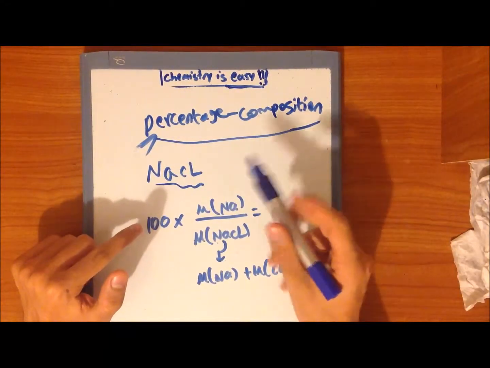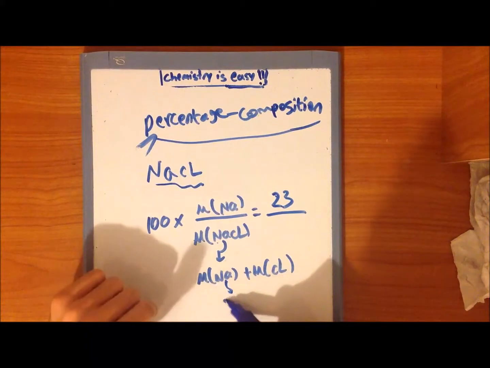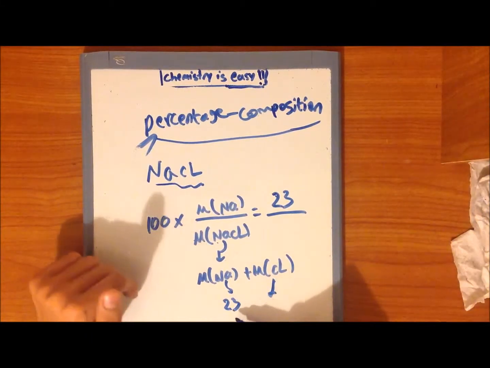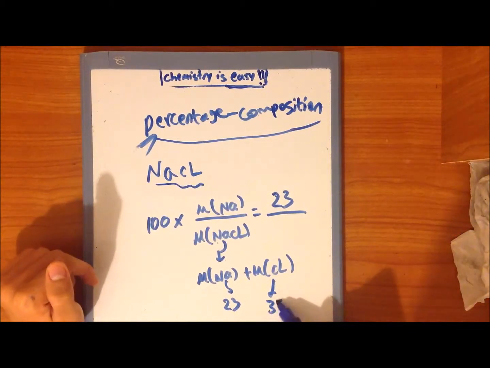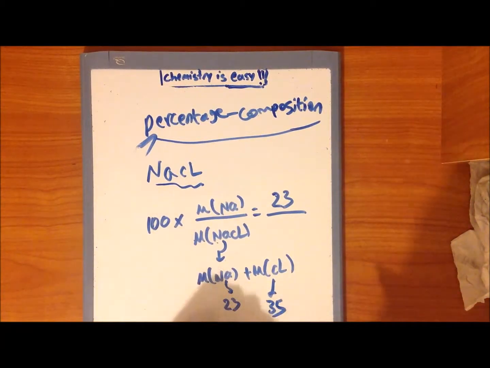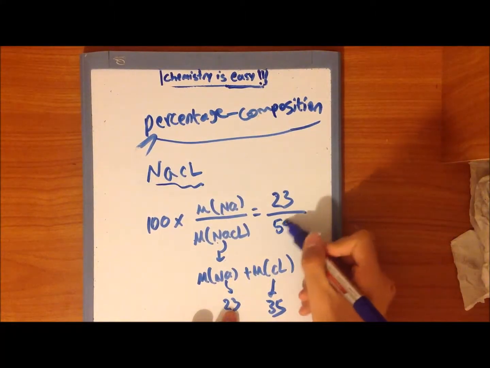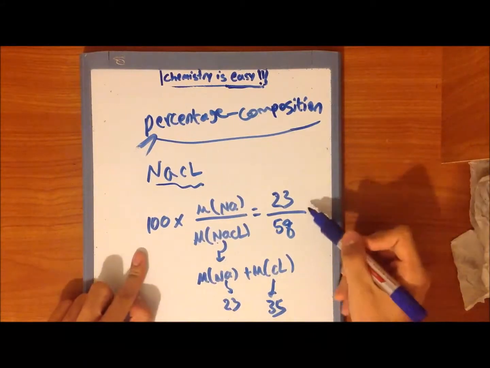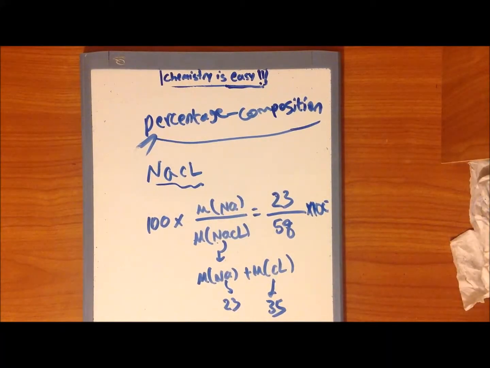Okay, so what is the molar mass of Na? If you look at the periodic table, it's 23, divided by the molar mass of Na, which is 23, plus the molar mass of Cl, which is 35. 35 plus 23: 35 plus 20 is 55, 55 plus 3 is 58. Okay, 23 divided by 58 times 100 to be a percentage.